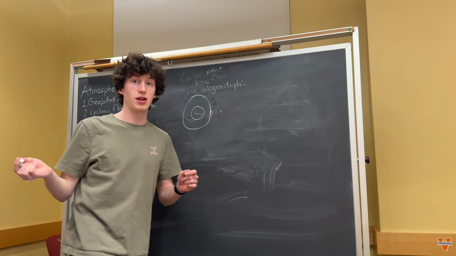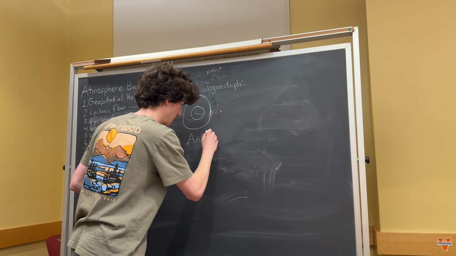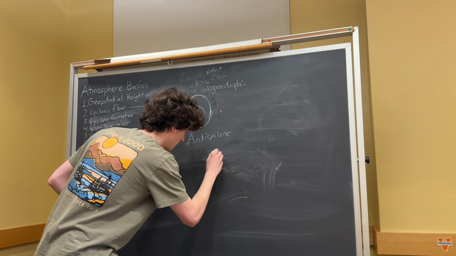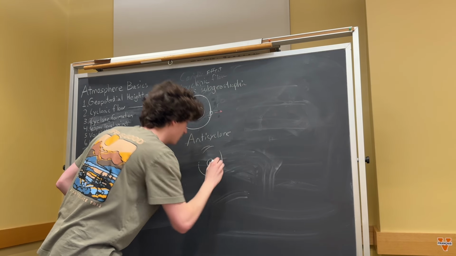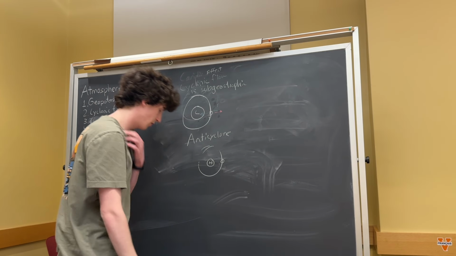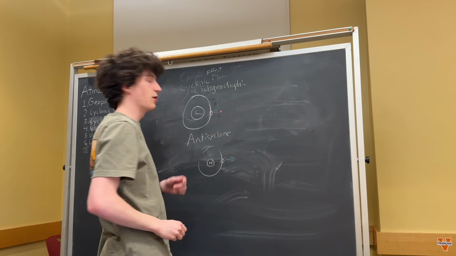Now let's try anticyclonic flow, right? So, same setup, except there's a high in the middle. Here's our parcel. We have the pressure gradient force, but now it's acting to get away from the center.